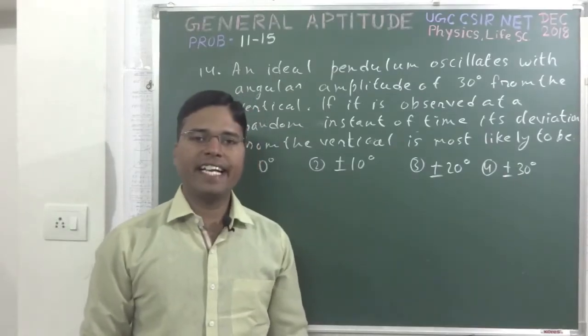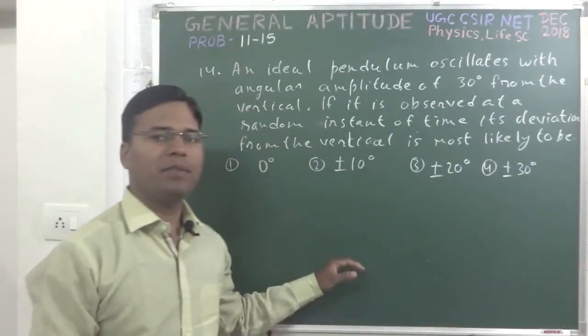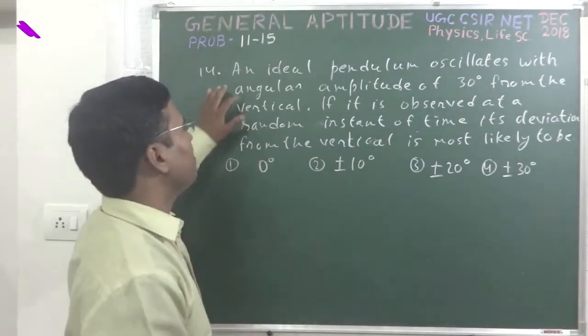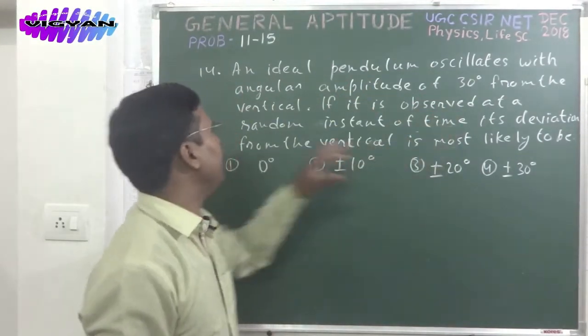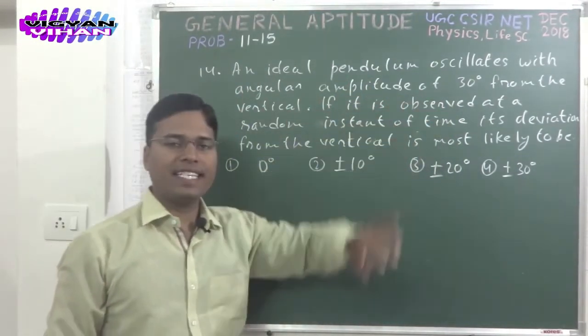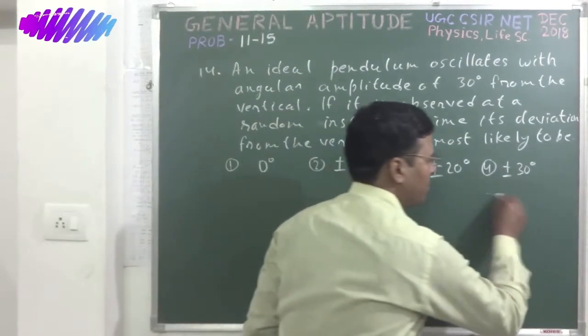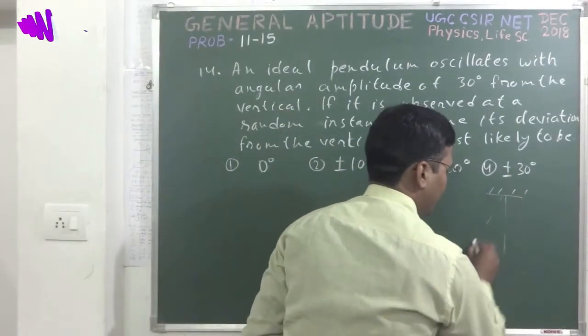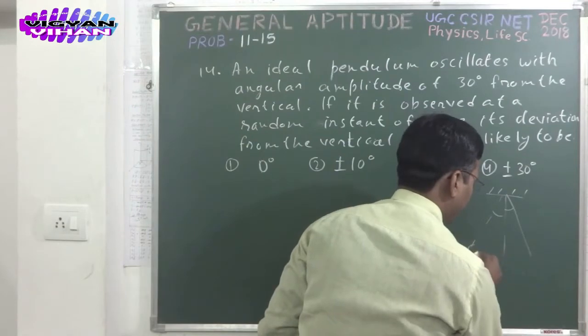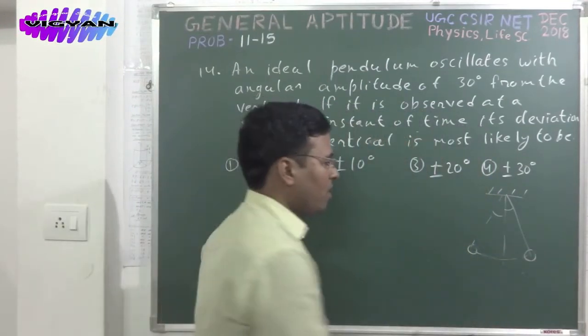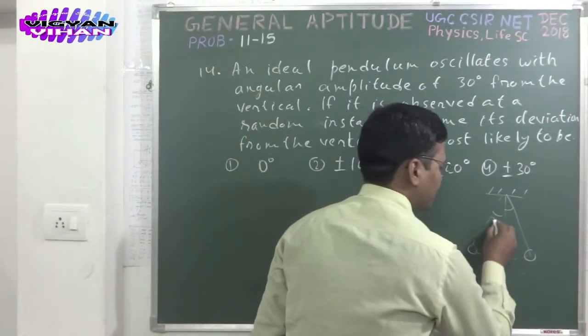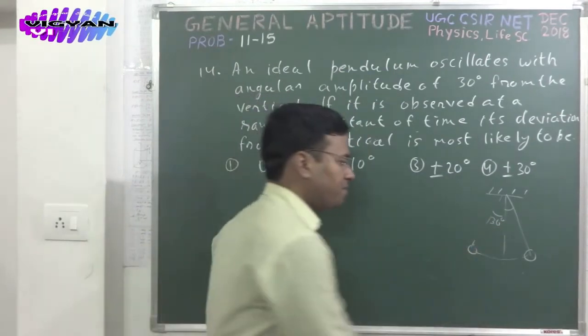Friends, here is the next problem of this episode, problem number 14. In this problem, an ideal pendulum oscillates with angular amplitude of 30 degrees. From simple harmonic motion, we know that there must be an angular amplitude for an oscillator, which is 30 degrees here.